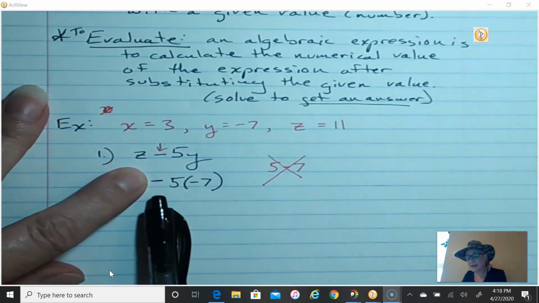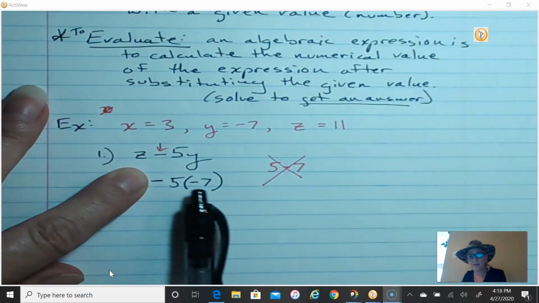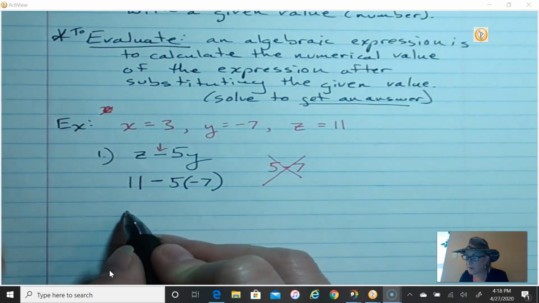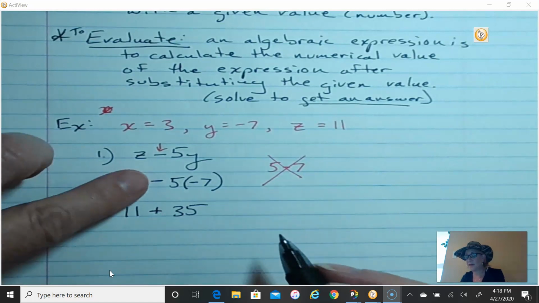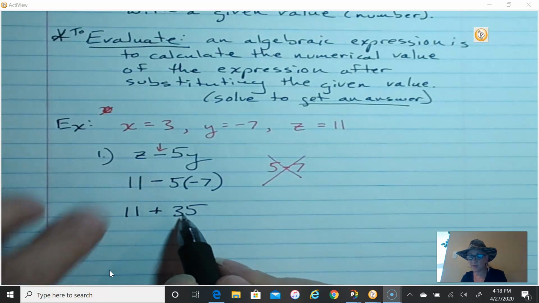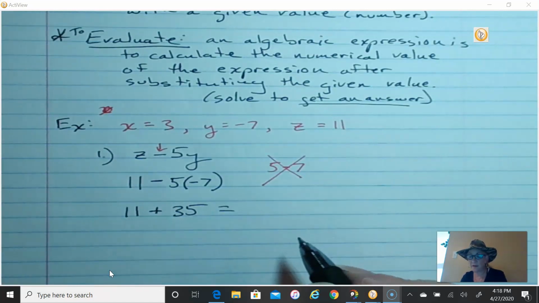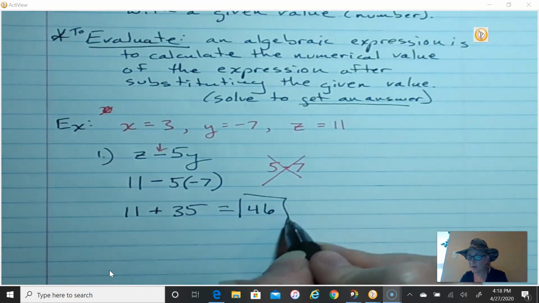So this is negative 5 times negative 7. Negative times a negative is a positive. So 11 plus 35. See? Negative 5 times negative 7 is positive 35. Bring down your 11. You add it, and you get 46. There's your answer.